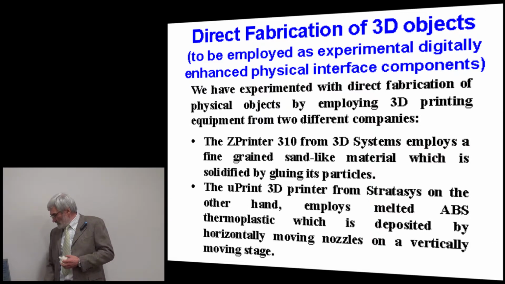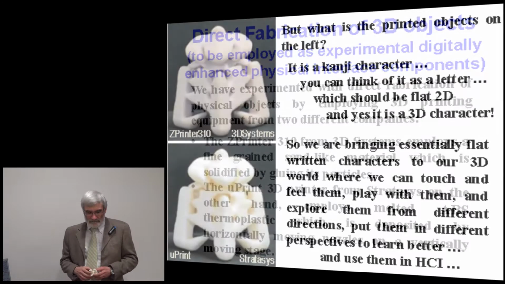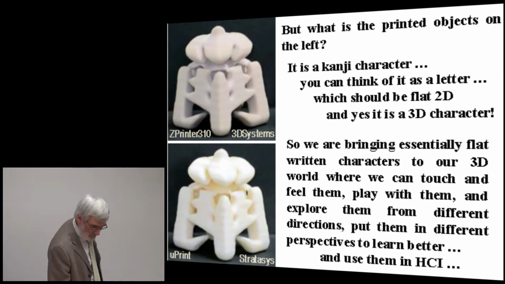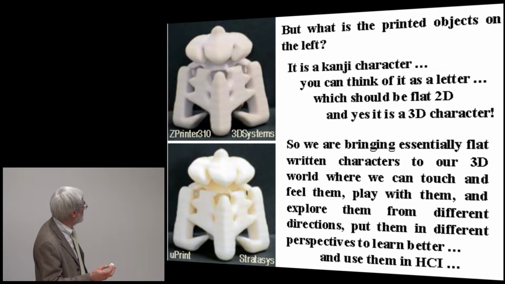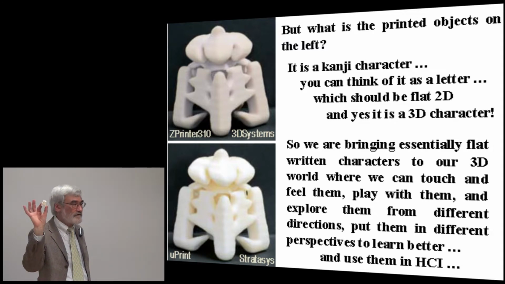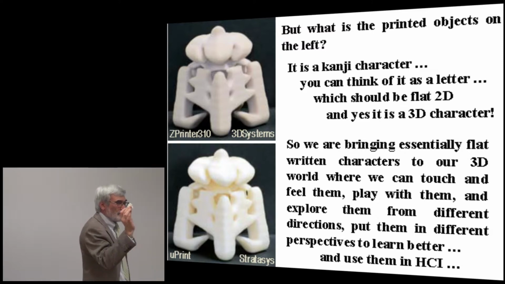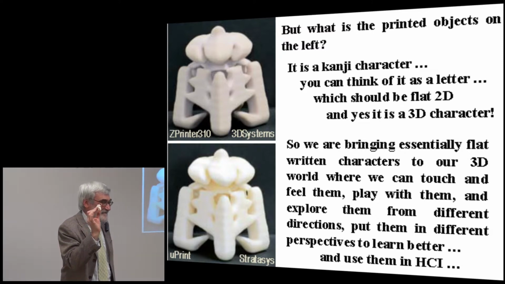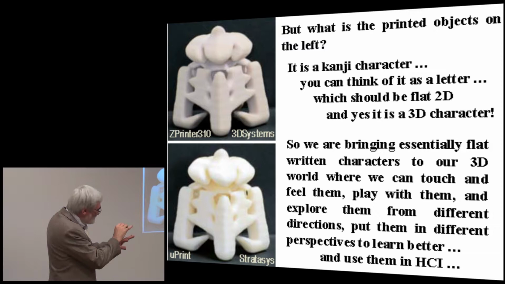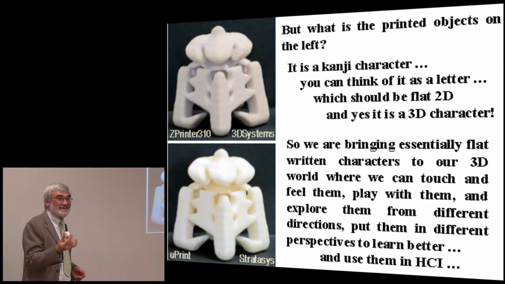So we tried with different 3D printers, and I've printed something which is like this. This is the object. This is the small version of it. This is a three-dimensional Japanese character. So this is actually a different project, but it's an interesting idea.